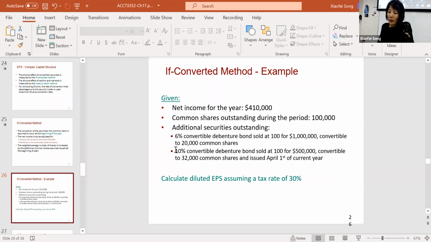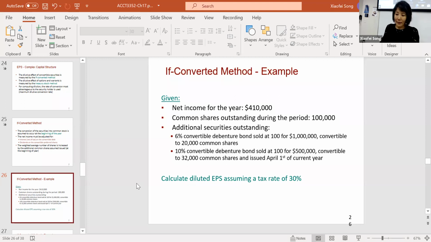And we have 10% convertible debenture bonds sold at 100 for $500,000, convertible to 32,000 common shares, issued April 1st of the current year. So one is outstanding the entire year, one outstanding three-quarters of the year, and that matters. And then we are given a tax rate of 30%.